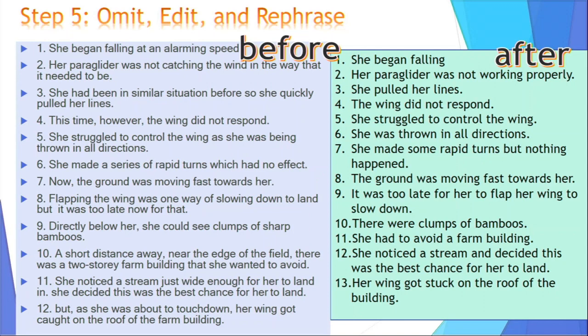She decided this was the best chance for her to land. So it becomes: she noticed a stream and decided this was the best chance for her to land. And last point, but as she was about to touch down, her wing got caught on the roof of the farm building. And when we omit, edit and rephrase, it becomes: her wing got stuck on the roof of the building.